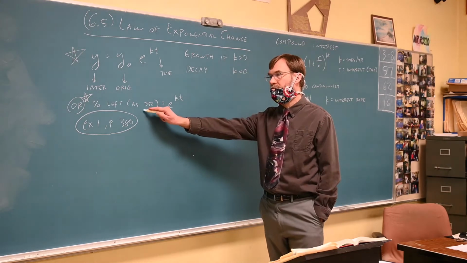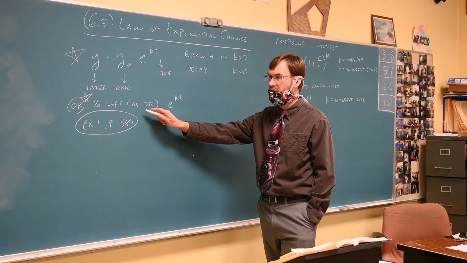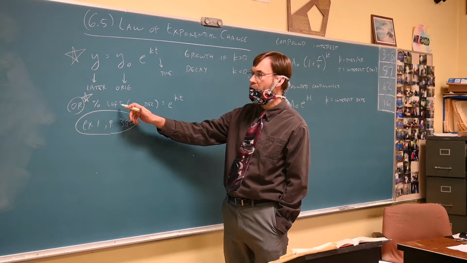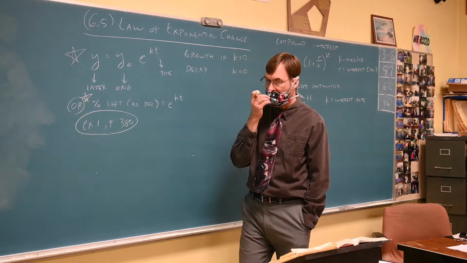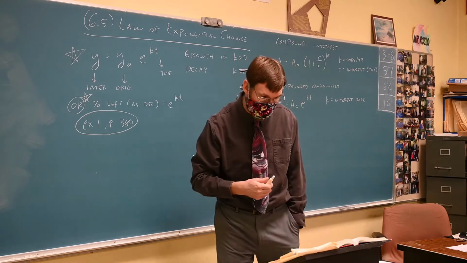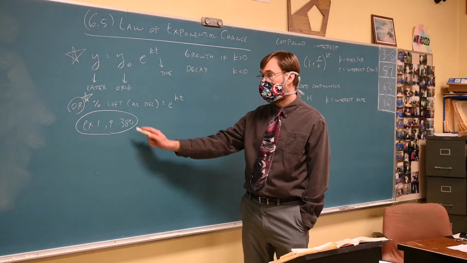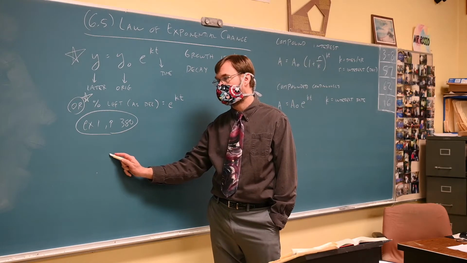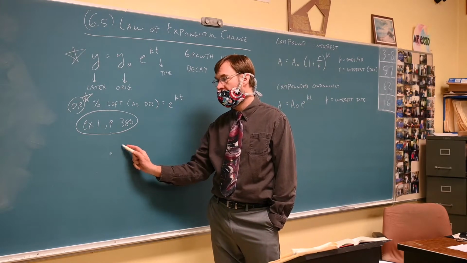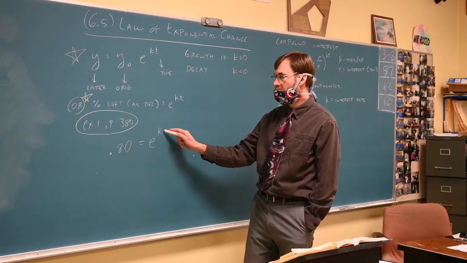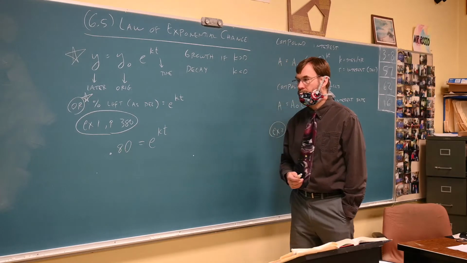So I jump in on this percentage-based equation, because that just seems the better way to go, probably, because they gave us a percentage. If every year the disease diminishes 20%, what percentage is still left? 80%. So we can go 0.80 equals e to the kt.